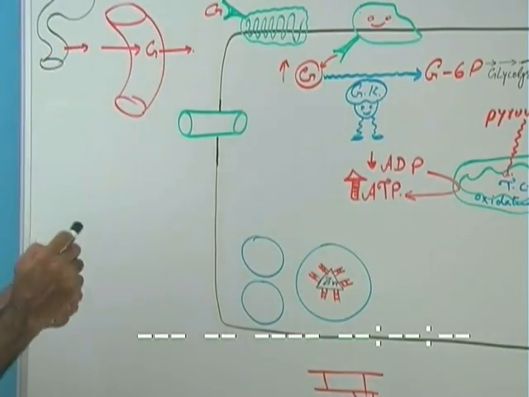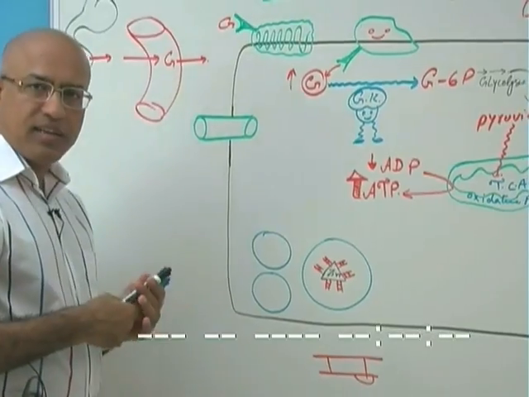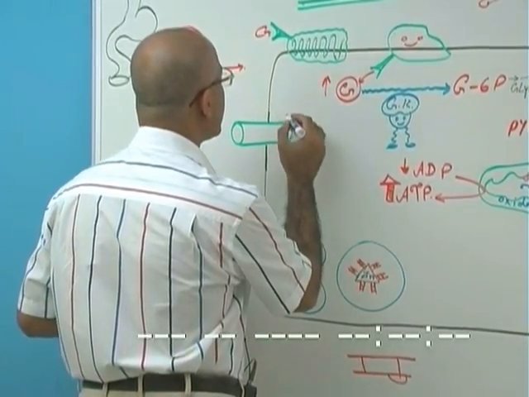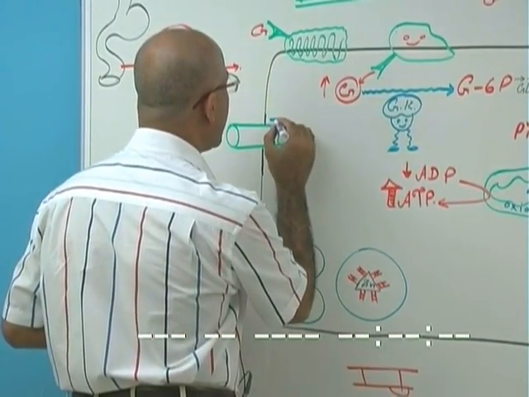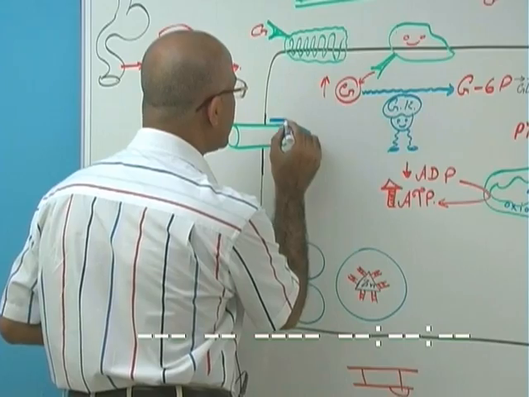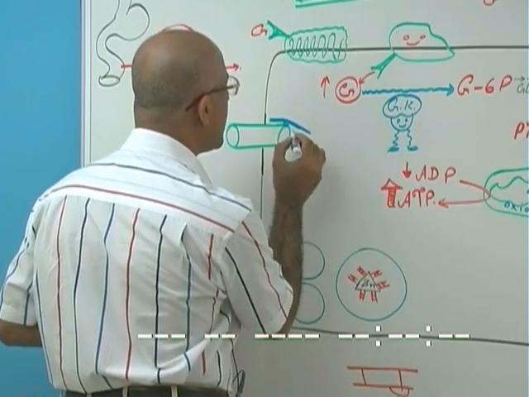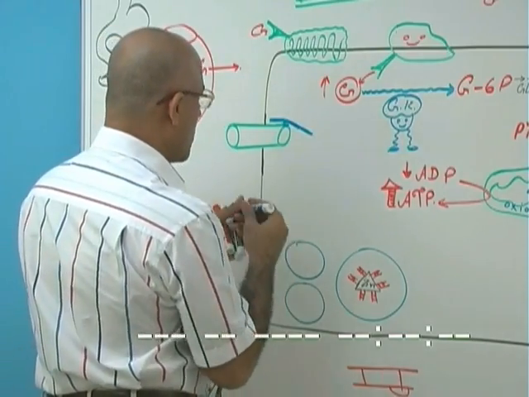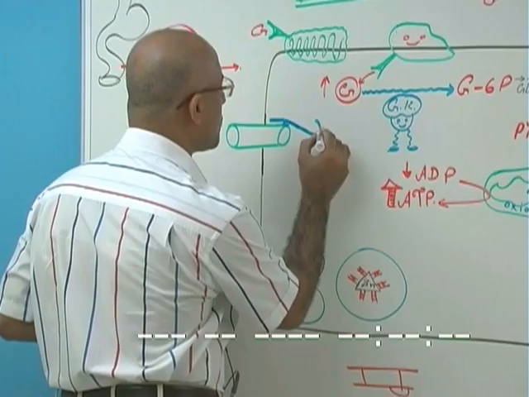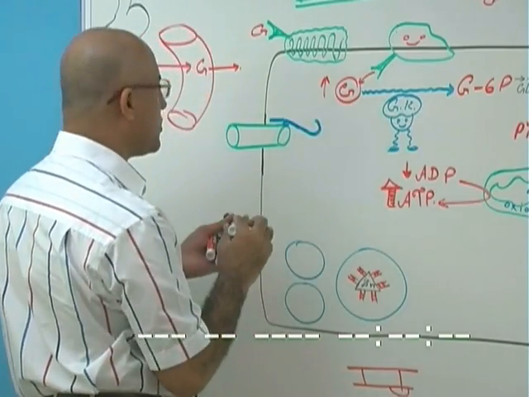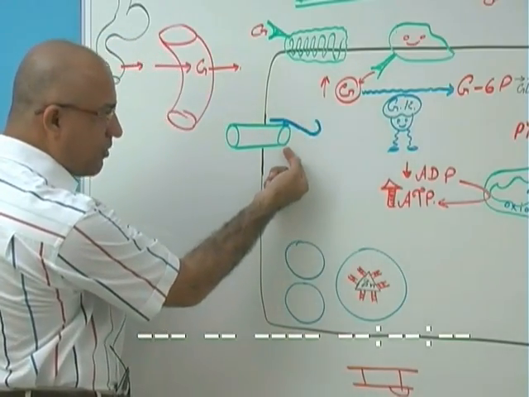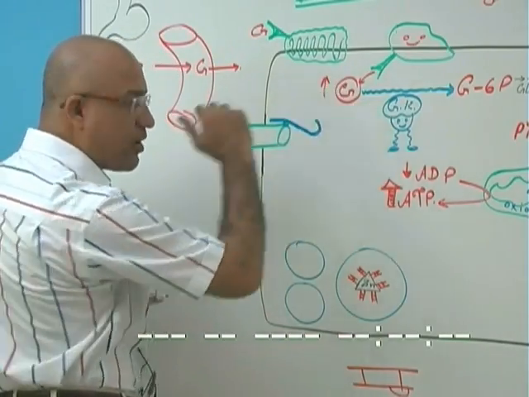Now these potassium channels are normally open. This is a special regulatory unit here, right? And I will explain why it has a shape like this, but for a while just trust me that if this moves down, the channel will close, if it moves up, the channel will open, right?